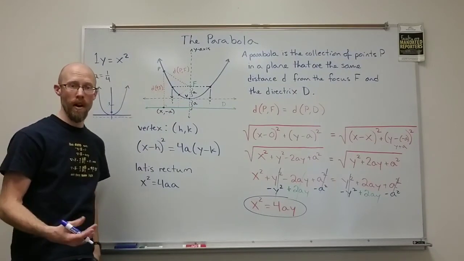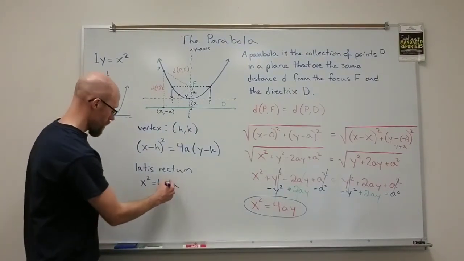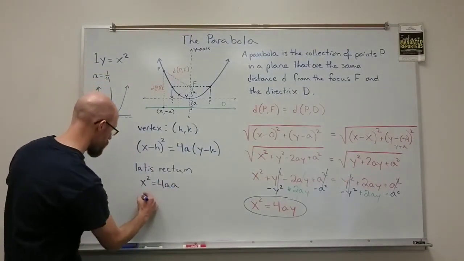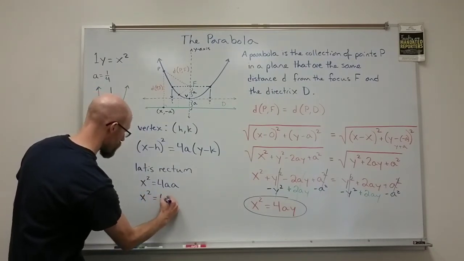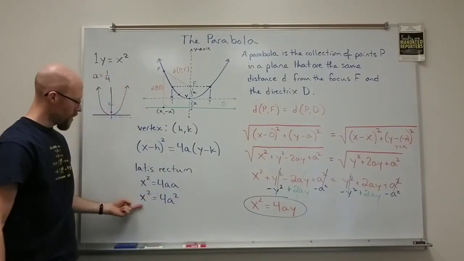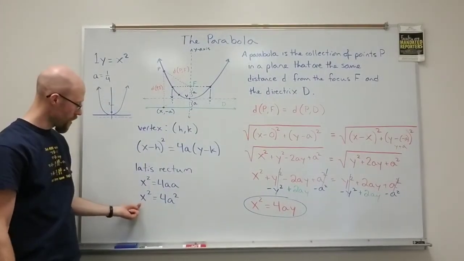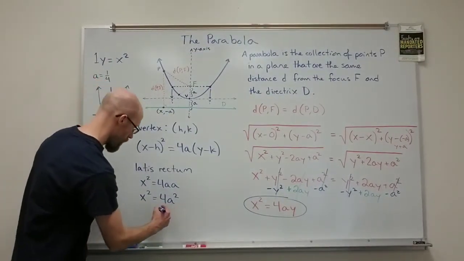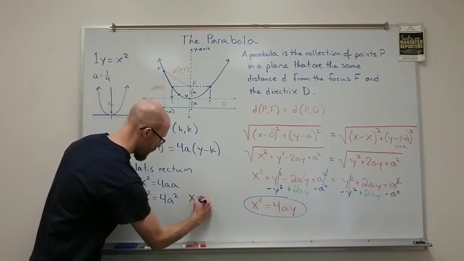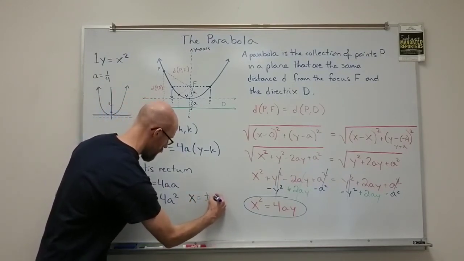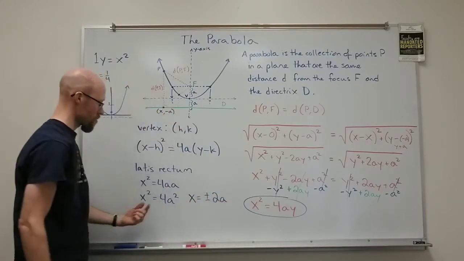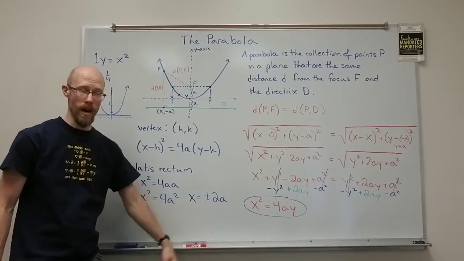And now I just solve for x. And aa is a squared, so I have x squared equals 4a squared. Now to solve for x, I use the square root property, take the square root of that, and I end up with x equals plus or minus 2a. The square root of 4a squared is 2a.